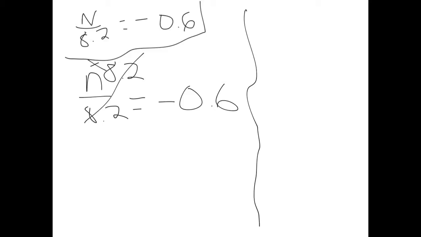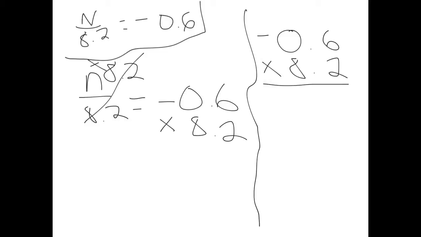This will cancel out. Now let's multiply. 0.6 times 8.2 equals 2 times 6 equals 12. Carry the 1.